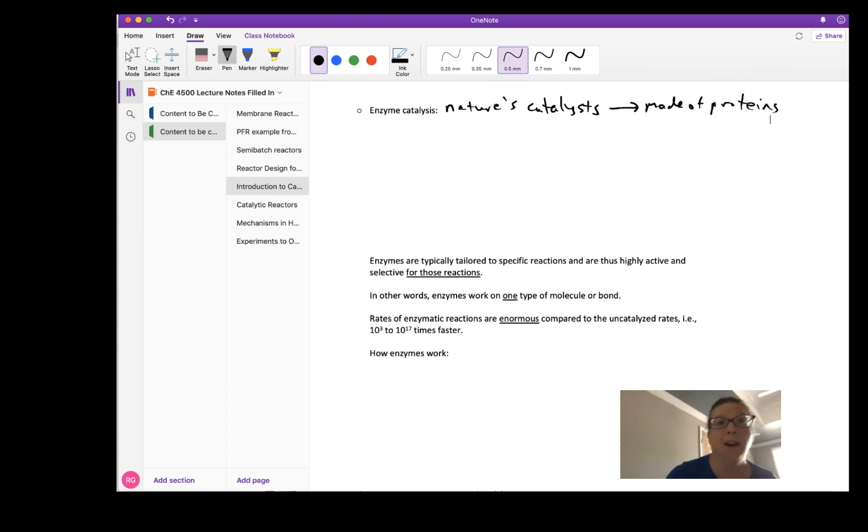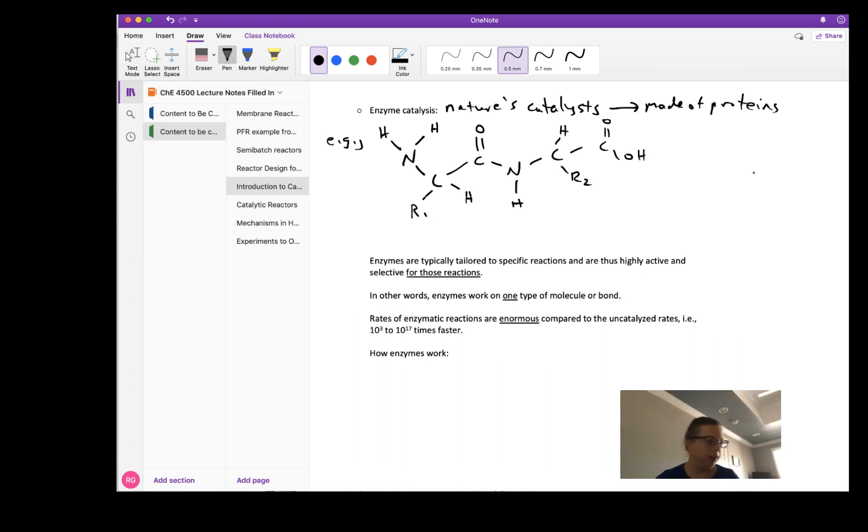For example, hemoglobin has an iron cation on it. One type of enzyme catalyst is an amino acid, where the amino acid acts as the catalyst.